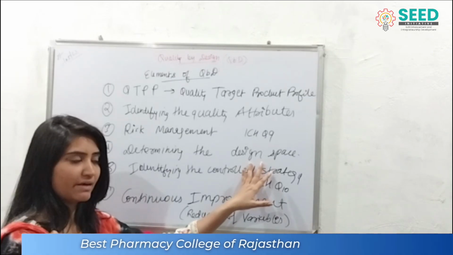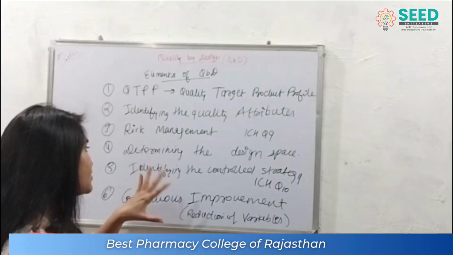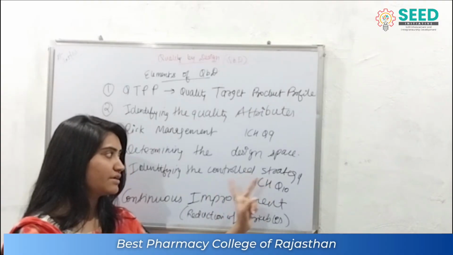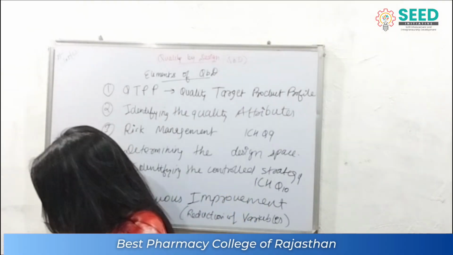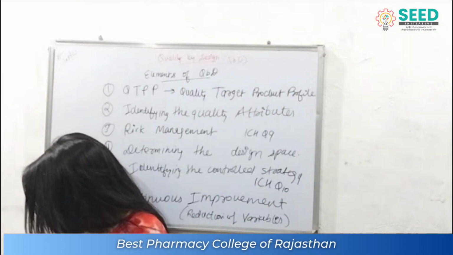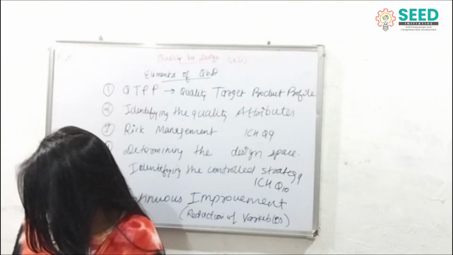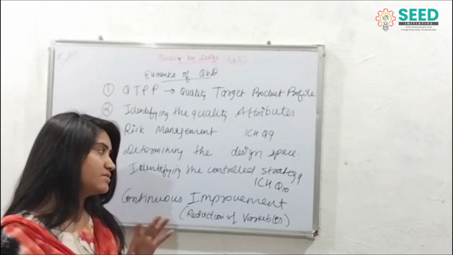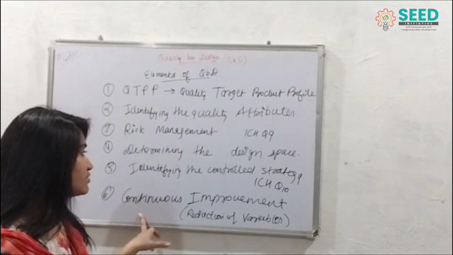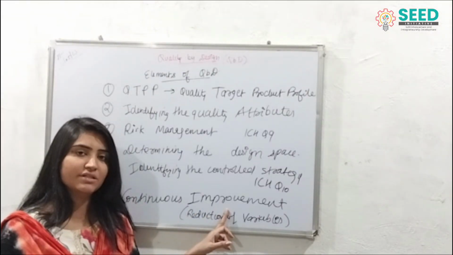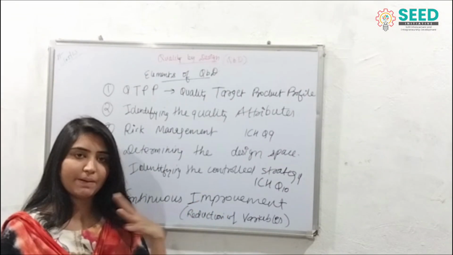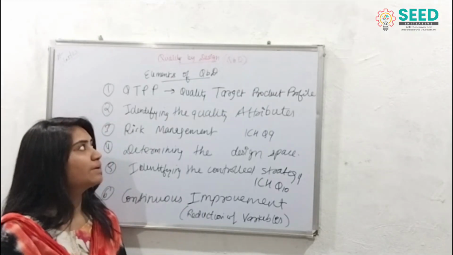It has to be safe and efficient. Then identify the control strategy: that means the specification, packaging, primary control, all the planned set of controls that have to be planned. Then continuous improvement means there should be no change every time we pass a batch. So that is all about QbD.